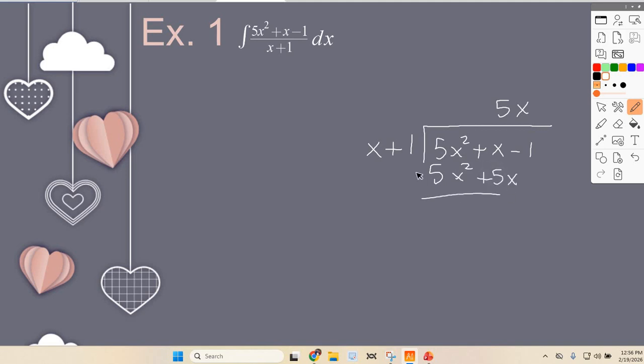And remember that we subtract as we go down. So we get a 0 and a negative 4x. Agreed? Okay. And then my next step is to bring down my negative 1. And then I have to cross this over again. What do I need to multiply x by to get negative 4x?